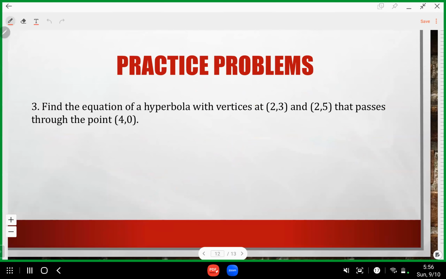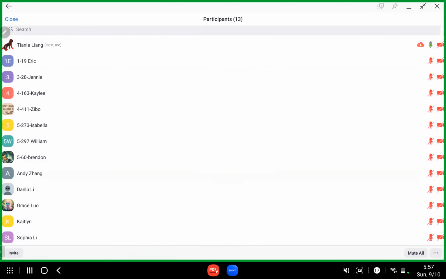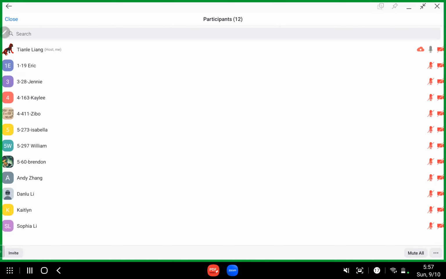It's just much easier. And the third question here is find the equation of a hyperbola with vertices at 2, 3, and 2, 5 that passes through the point 4, 0. So one last volunteer who can help me on this. How about Zebo?